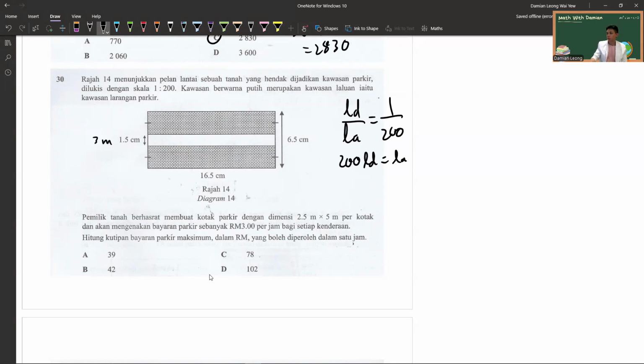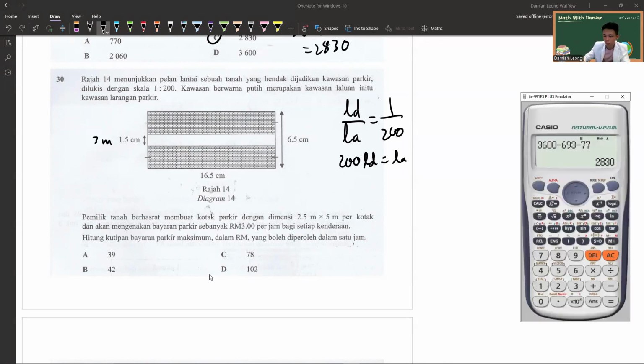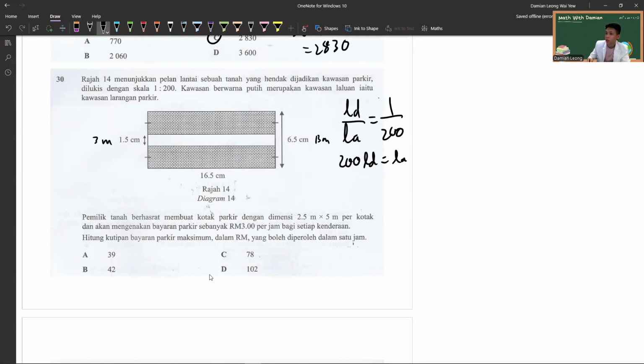So if this is 3 meters, 6.5 times 200 then divide 100 to change back to meters, 13 meters. So if this is 3 meters, means 5 meters, 5 meters. Okay, the height is 5 meters, 5 meters. So we can put the height to fit here, 5 meters and 5 meters here. So means we see how many 2.5 meters we can fit.